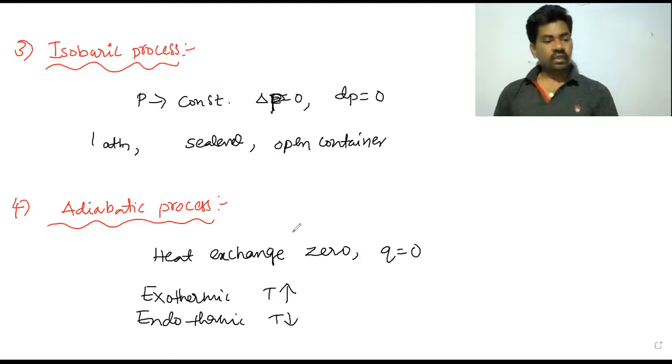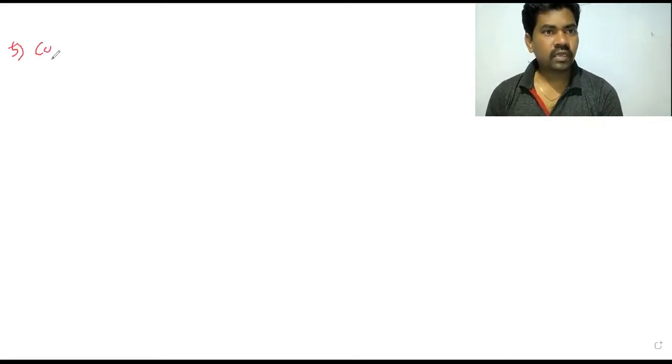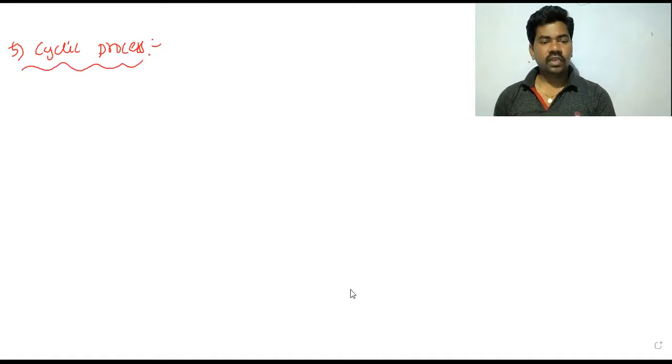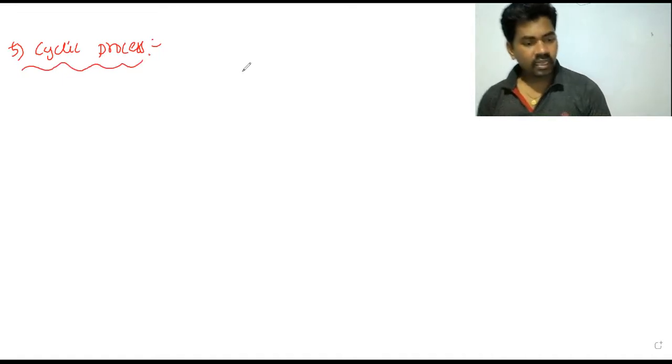Then the fifth type, the cyclic process. What is happening in a cyclic process?